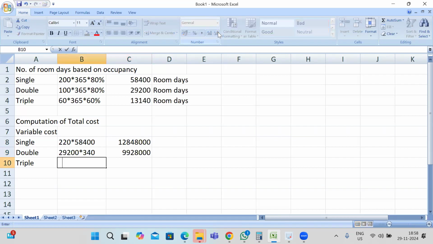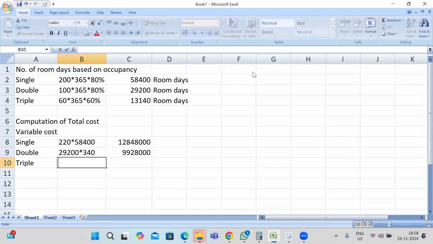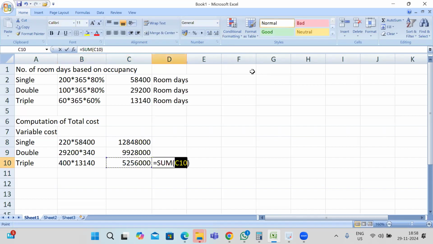And for triple rooms, 400 each, so 400 into room days 13,140, it is 52 lakh 56,000. So totally we are having a variable cost of around 2 crore 80 lakhs. Right, so this is fine.